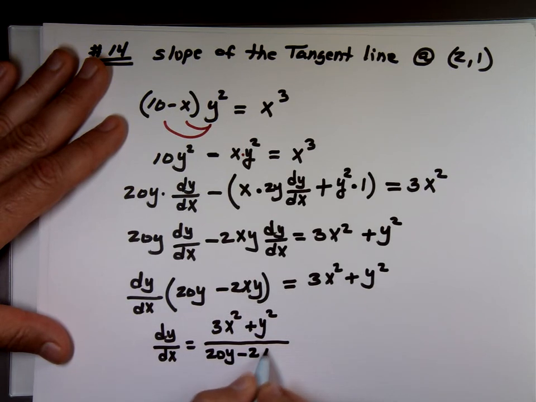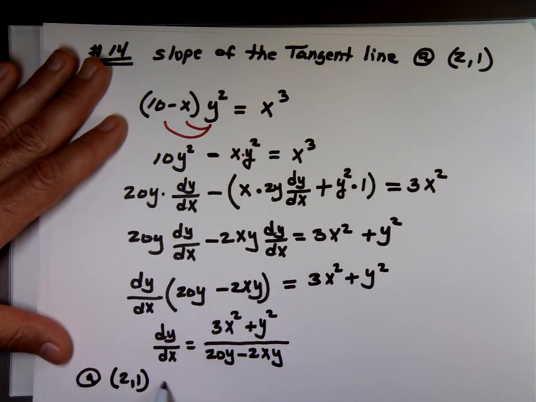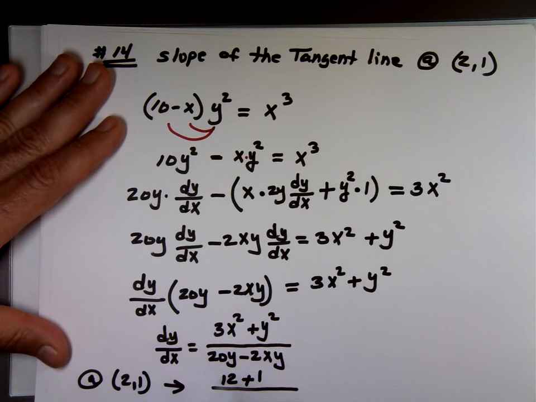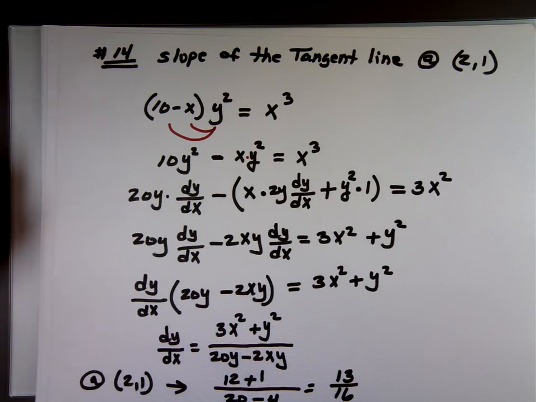And now we want it at (2, 1). Four times 3 is 12, plus 1. 20 times 1 is 20. 2 times 2 times 1, is that a 4? What do we have, 13 over 16? Yep, 13 over 16.